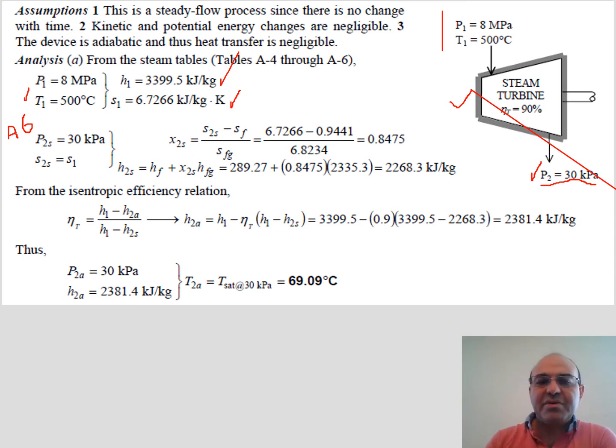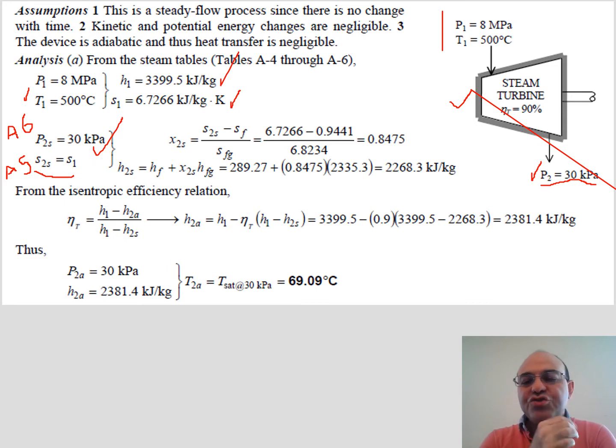For the steam at the exit, this is saturated, so you're going to use table A5. The pressure is given, and as the second property that you need, you just say that S2 is equal to S1.